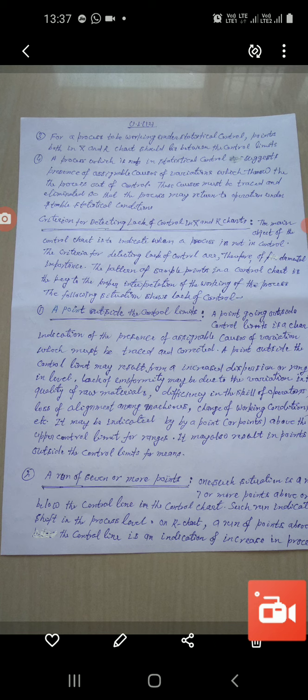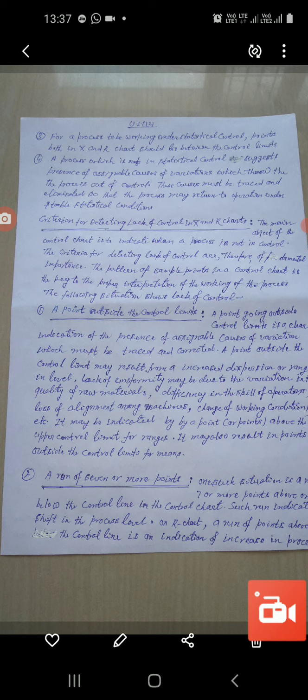Note this point, this is very important. The main object of the control chart is to indicate when a process is not in control. The criteria for detecting lack of control are therefore of fundamental importance.